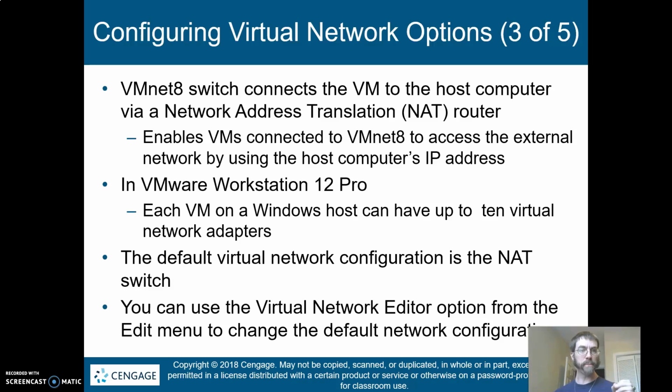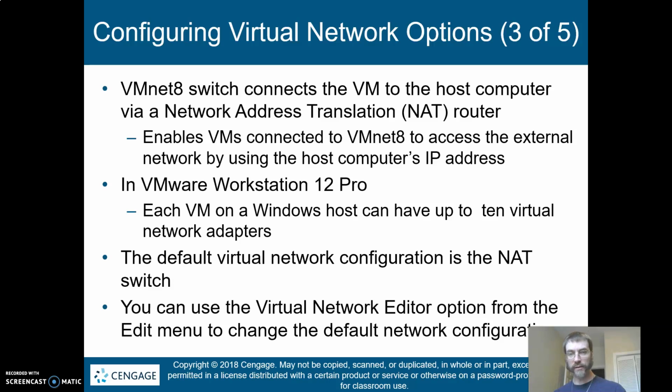What happens here is the hypervisor, unless you tell it to do otherwise, acts like a DHCP server for those guest OSs. And it's acting as a DHCP server and as a switch and as a router as well. So essentially, with this situation, your hypervisor is a broadband router.